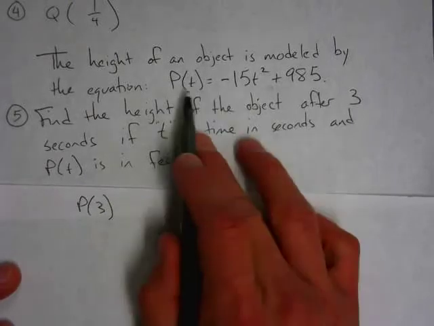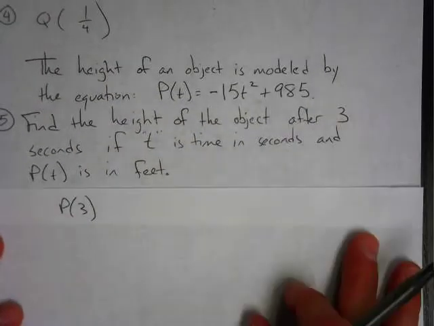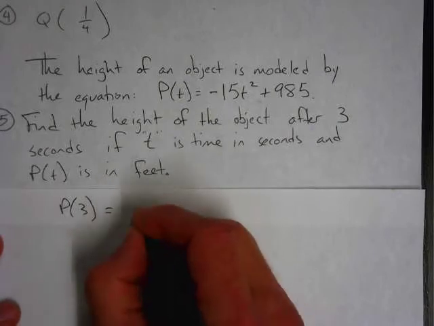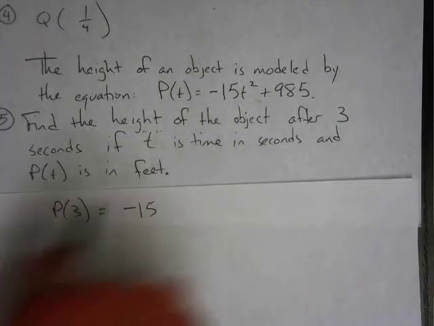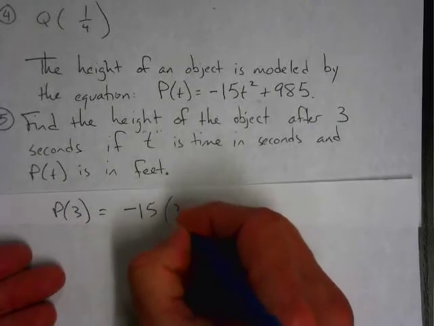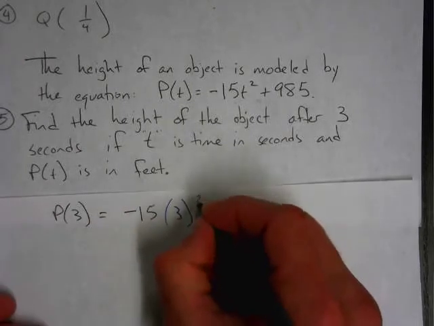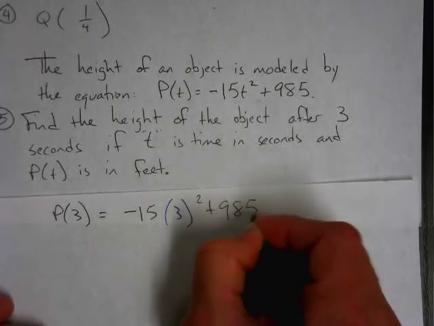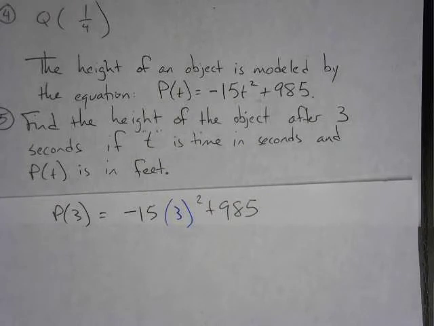So if p of t is negative 15t squared plus 985, then p of 3 is going to be negative 15 times 3 squared plus 985. And the rest is crunching numbers, right? And the question is, well, what's the height of the object after 3 seconds?